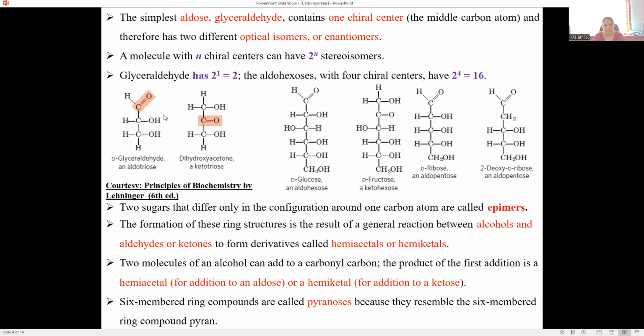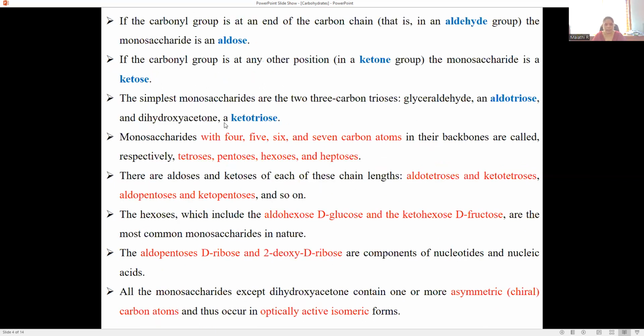You also have to observe one thing: either an aldehyde group or a keto group will be present, but never both groups in any monosaccharide. As I have told you, it is also present in nucleic acids. In DNA, it is deoxyribose sugar. In RNA, you call it ribose sugar.